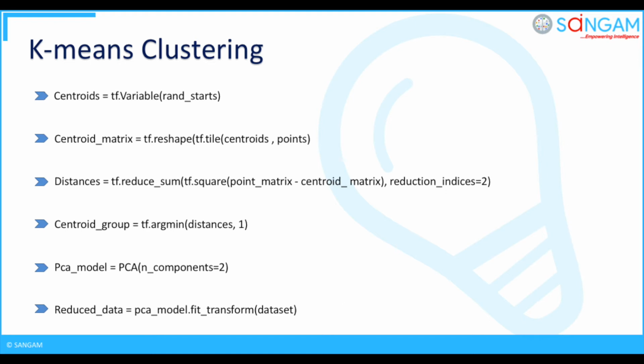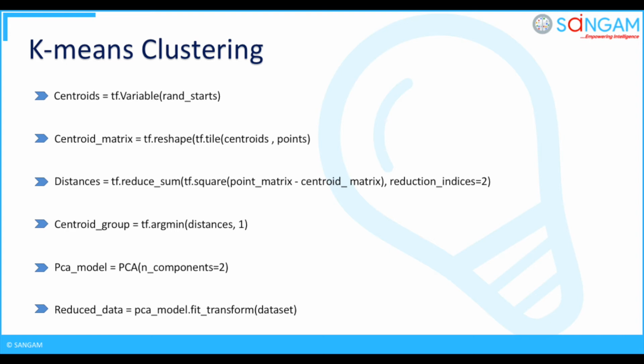Next is the distance function, which is used to calculate the distance between the centroid and each data point in the given dataset. The function in TensorFlow is written as distances equals tf.reduce_sum of tf.square of point_matrix minus centroid_matrix, reduction_indices equals 2.